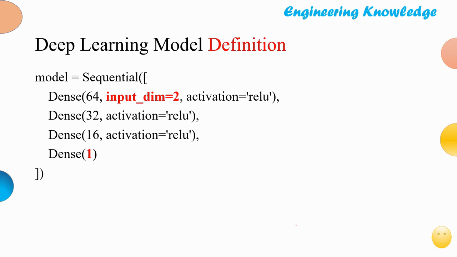Next, we want to define the model, and this is most important. In defining the model, we will use our basic convention that there are a certain set of neurons, and we discussed that if there are two inputs, suppose, then there are two neurons right here. So the basic is that we'll use the sequential model, the feed-forward network, and we'll say that the input dimension is 2.